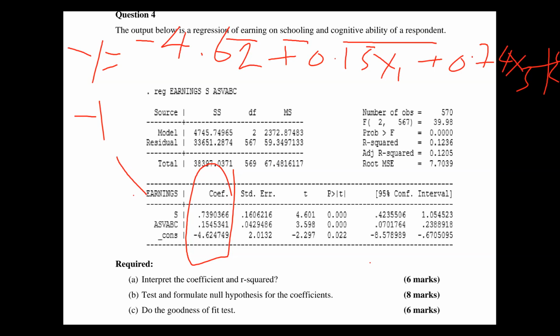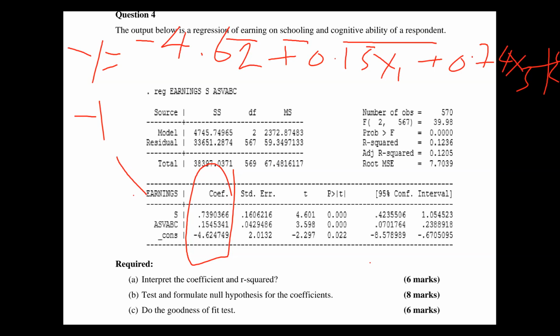Pick one and do justice. Okay, so beta 2, schooling, it's 0.74. So holding all other variables constant, an increase in the earnings on schooling will increase by 0.74.